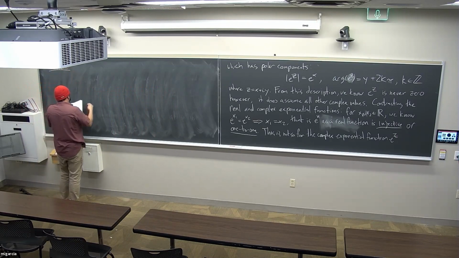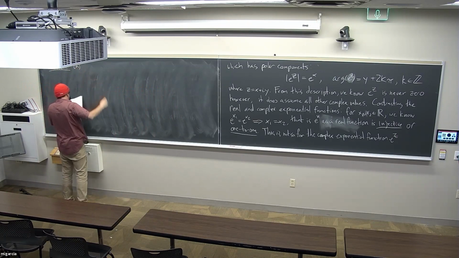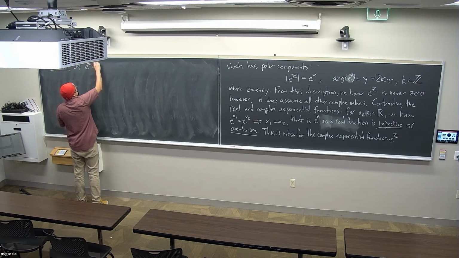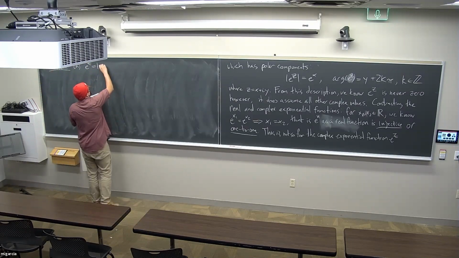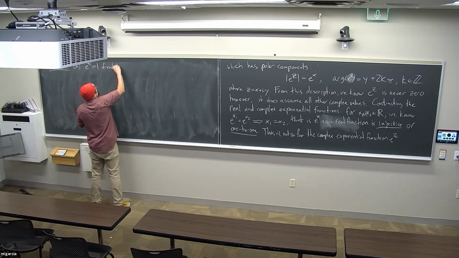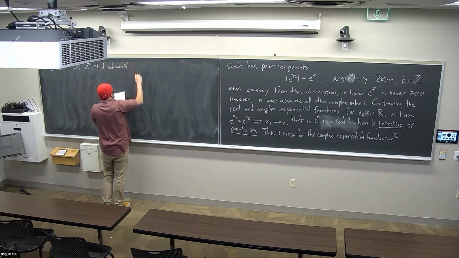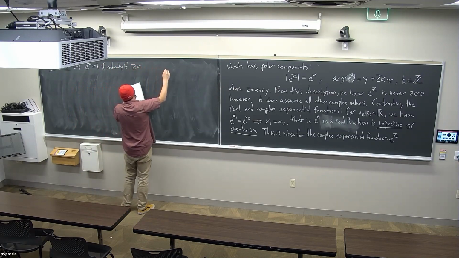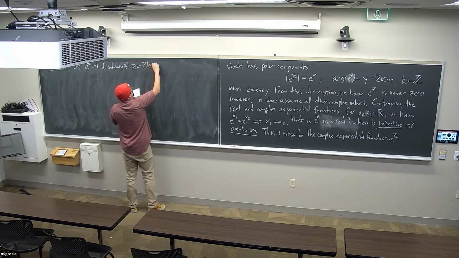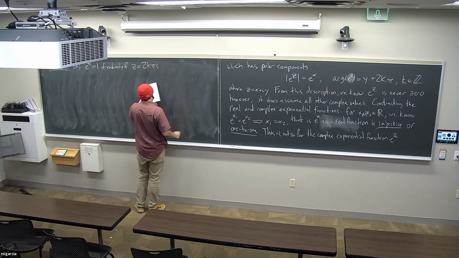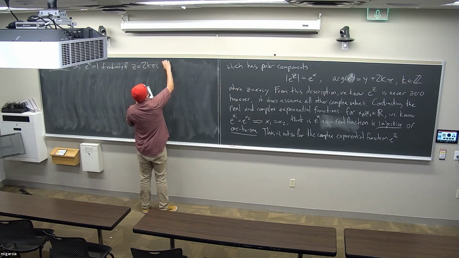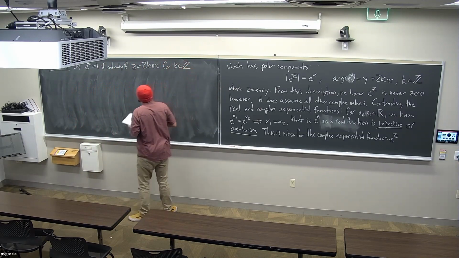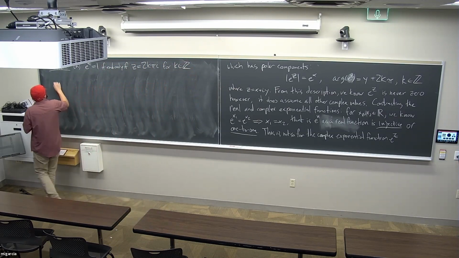Okay, so part A. e to the z equals 1 if and only if z is equal to 2k pi times i, for k an integer, right?